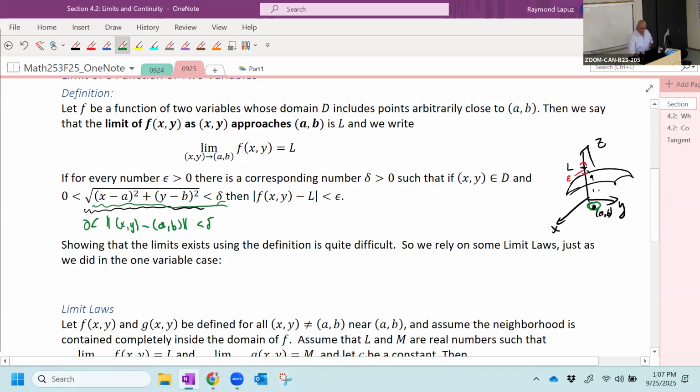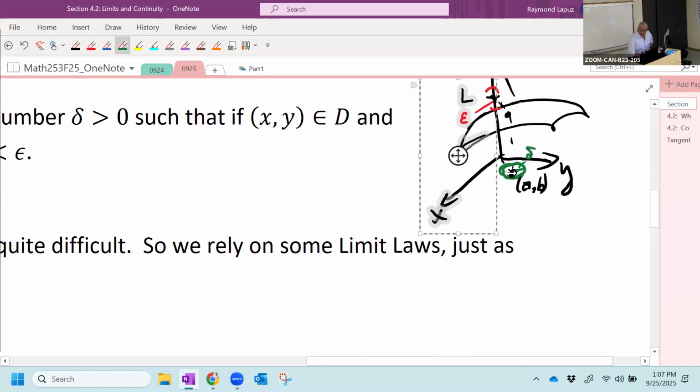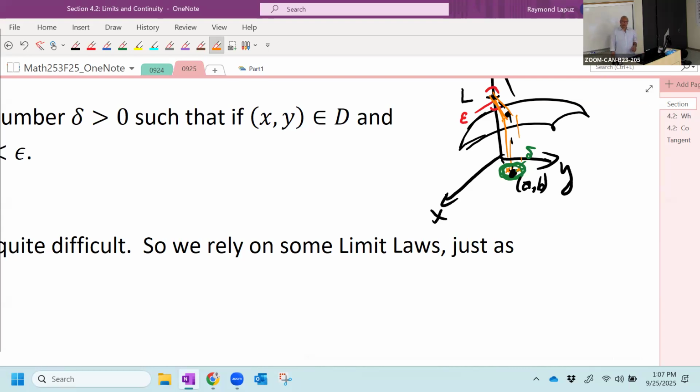So you have to find me a delta that's going to be the radius of some circular region, so that every single point within this circle, when you put it into the function, is within epsilon of the limit.